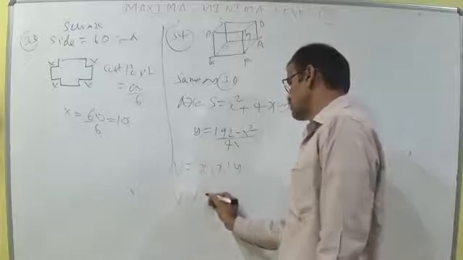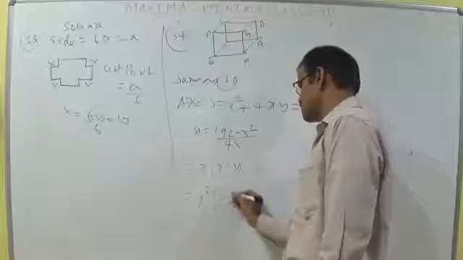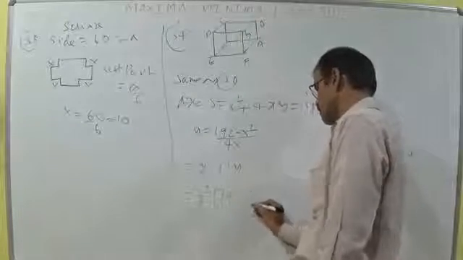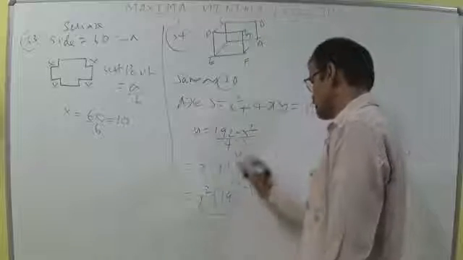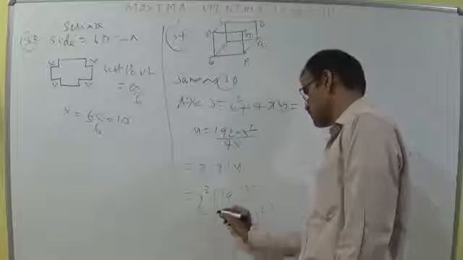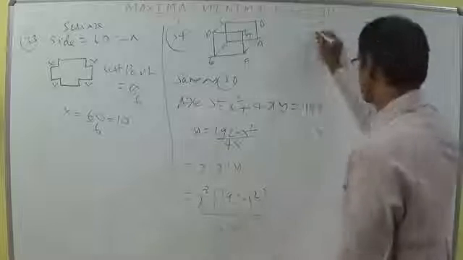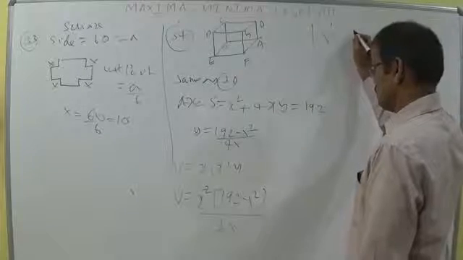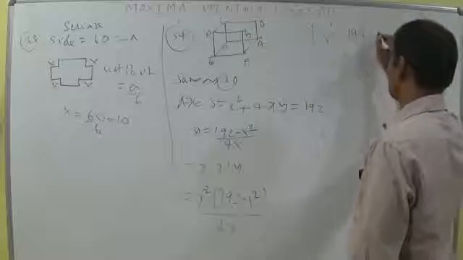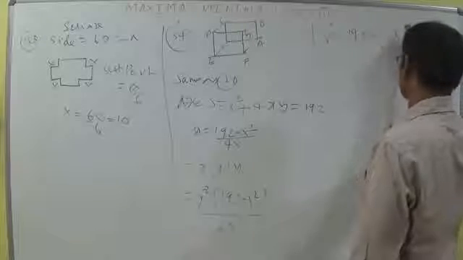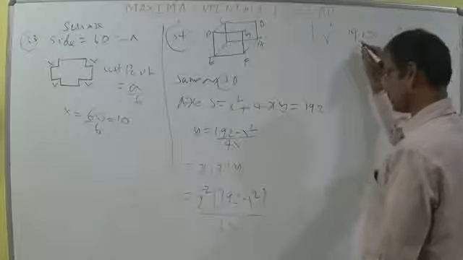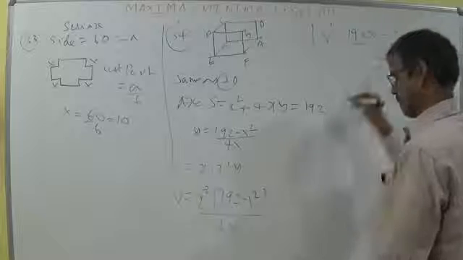So volume V is equal to x square into 192 minus x square by 4x, instead of y I am writing here. You can cancel x and x. So you write here V is equal to 192x minus x cube by 4.